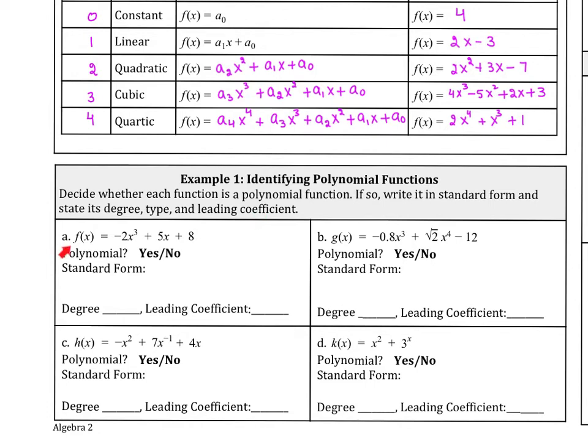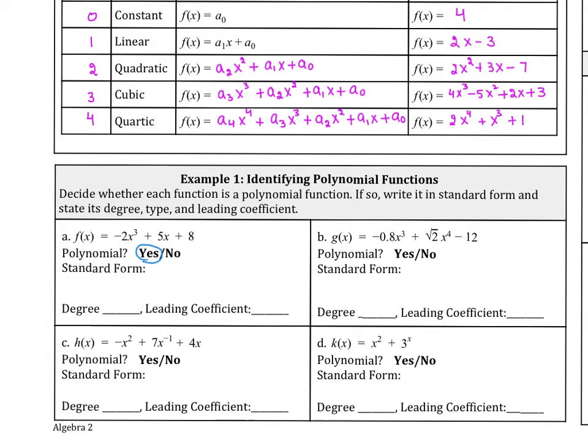Looking at letter A, f of x equals negative 2x cubed plus 5x plus 8. If it is a polynomial, we can investigate here. All the exponents are whole numbers, and the numbers in front are real numbers. So that is going to be a polynomial.